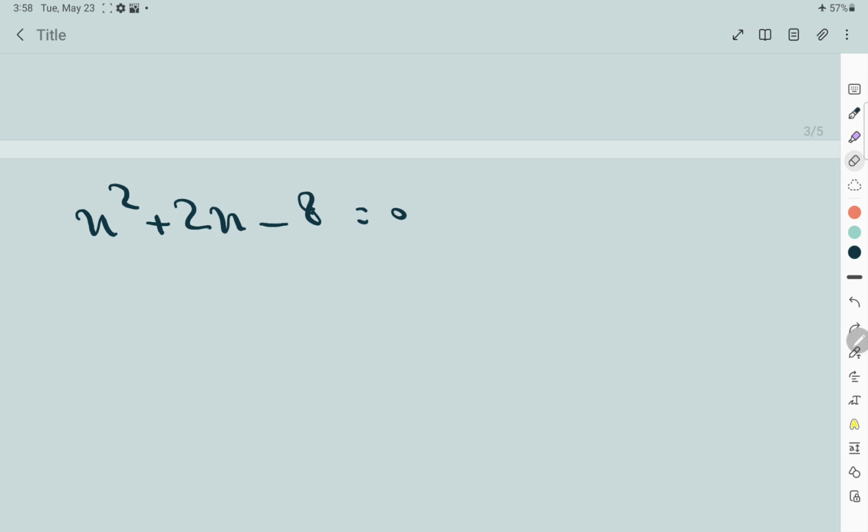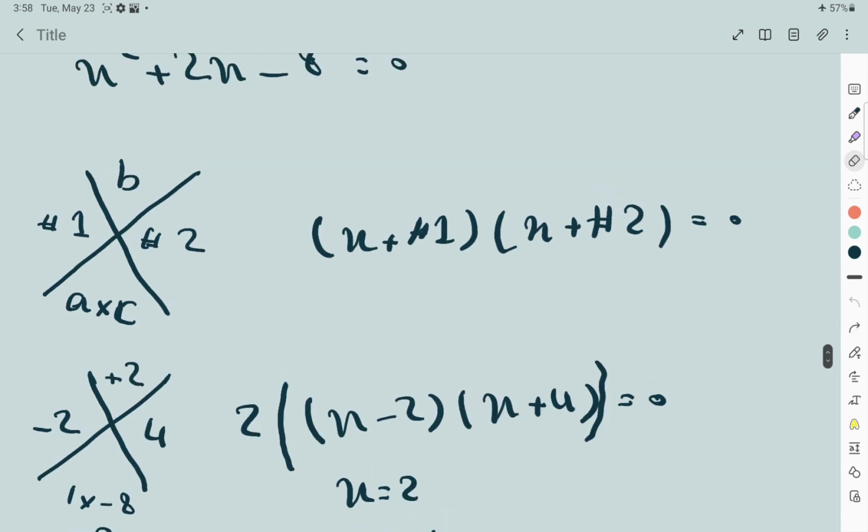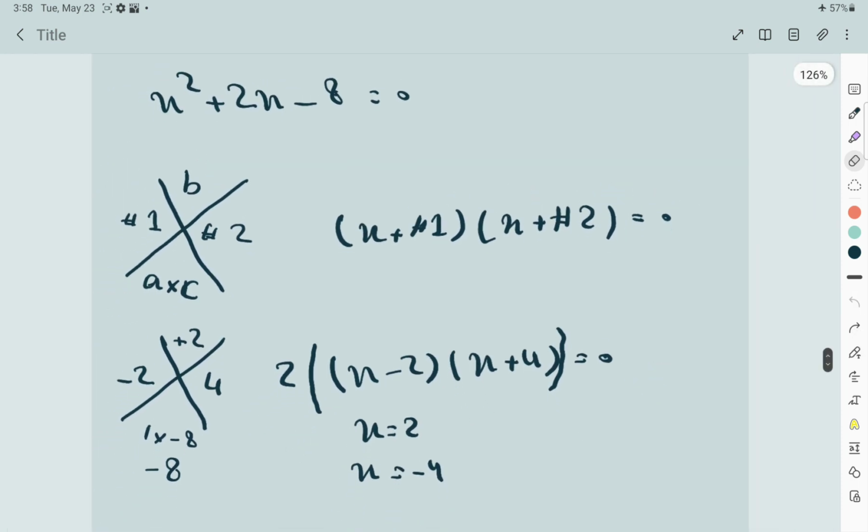A cool way to do this is the diamond method. The diamond method looks like this. You make a cross for yourself, you put B up there and A times C down here. In this example, we're going to try it for when A equals 1. When A is bigger than 1, there is one more step you have to do, but it's not a really big step, so you don't have to worry about it.